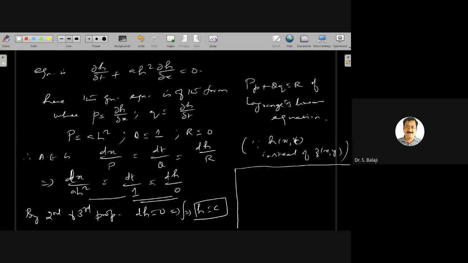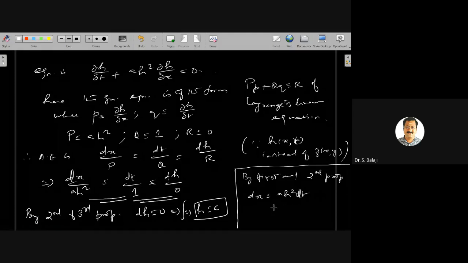By the first and second proportion, you can get dx is equal to a h square dt.